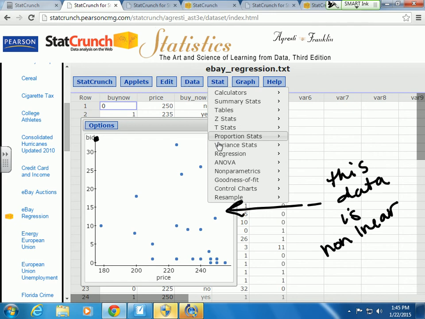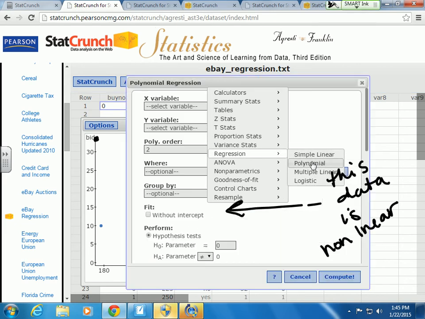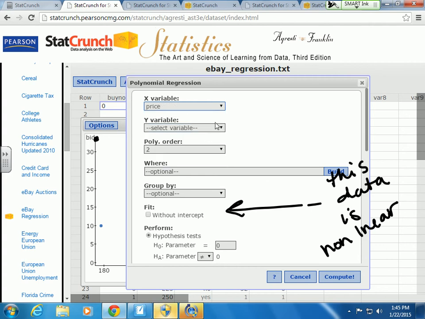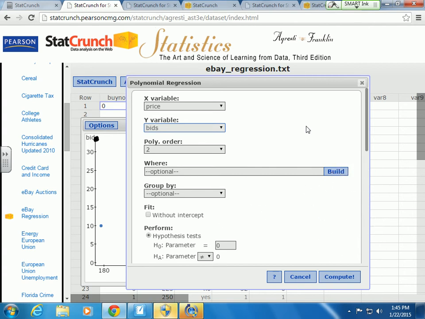You can do regression so that we have polynomial. I'm showing you the price and the number of bids. This poly order means that I'm going to fit a quadratic model. So it's going to try to fit an a plus bx plus cx squared model.